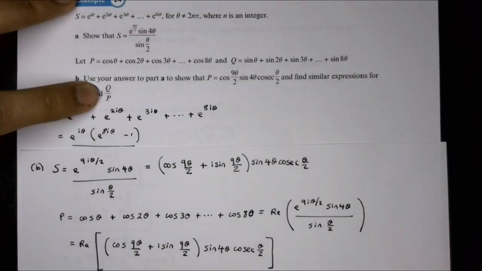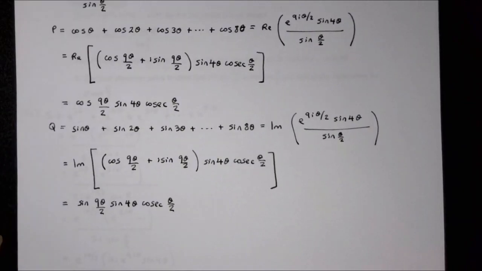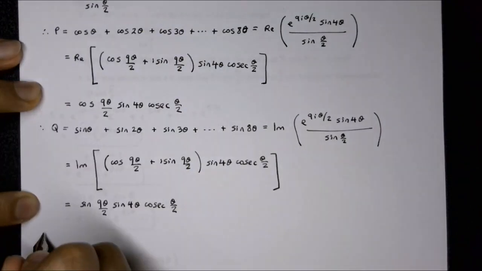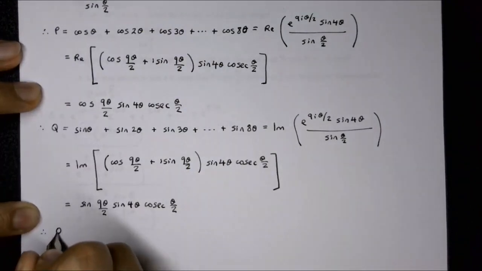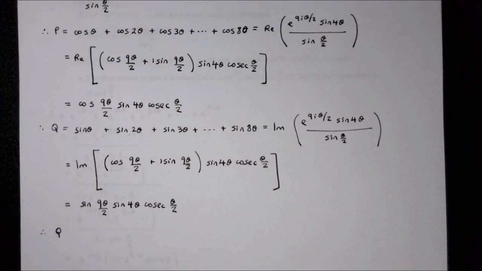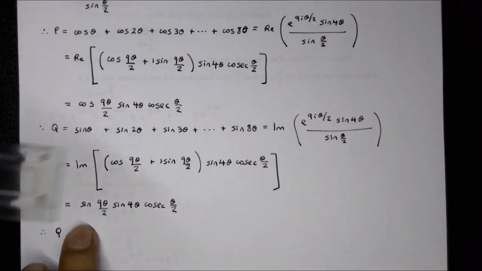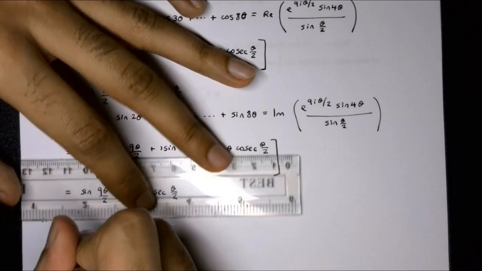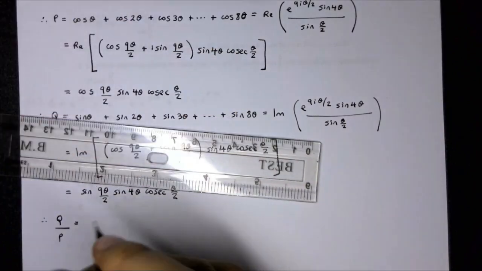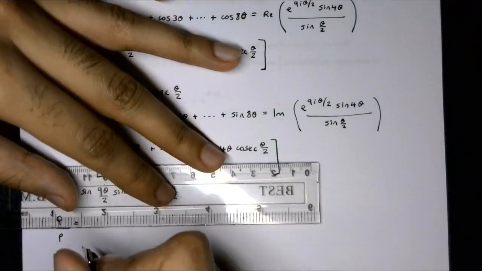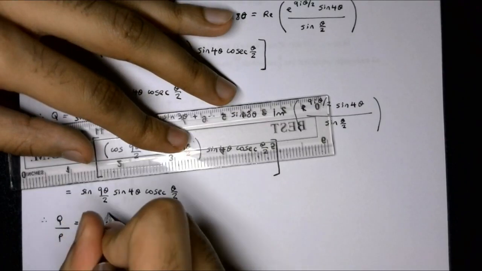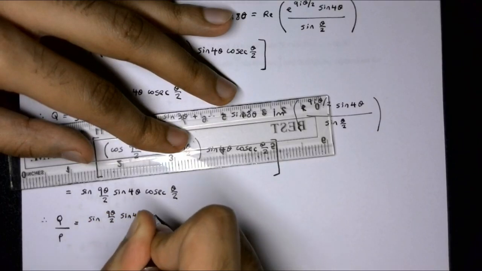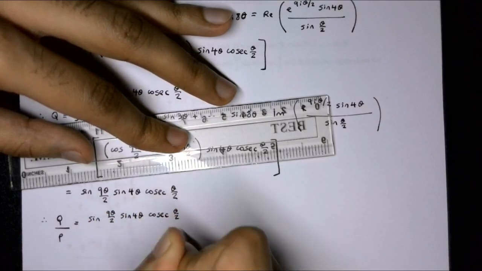And now we have to find Q over P. So therefore, Q divided by P, that's equal to, well, we've got Q, which we've just found to be sine of 9 theta over 2 sine of 4 theta times by the cosec of theta over 2.